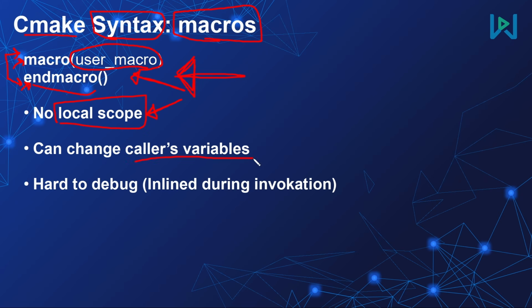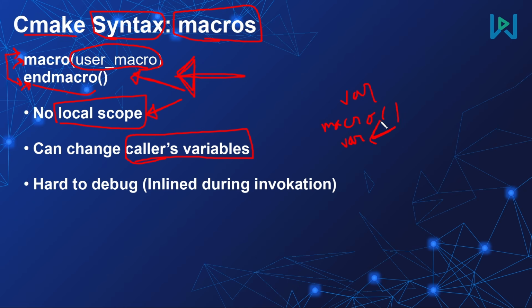Macros can change global variables, meaning if we have global variables used within our CMake, then we invoke a macro, and within the body of this macro we modify this variable, then this one will be globally modified after we finish the invocation of our macro.